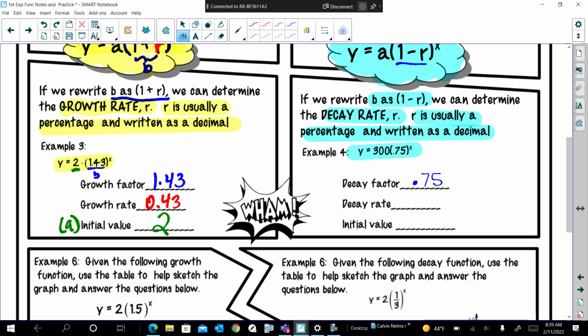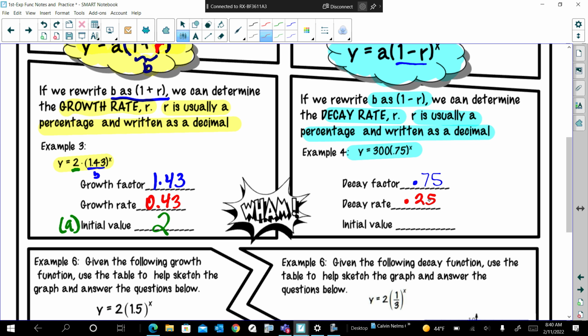What would the r have to be to get 0.75? 0.25. Just subtract from one. If you get in the habit of always subtracting from one, you'll get your rate.